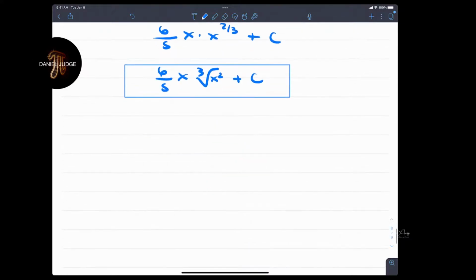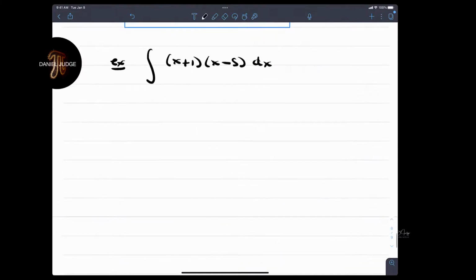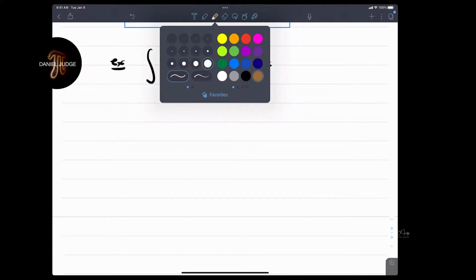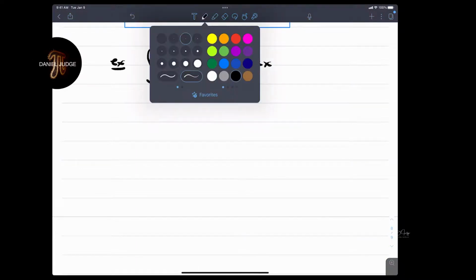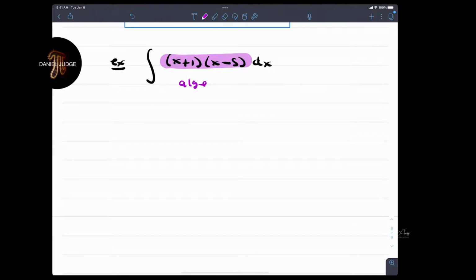All right. Now remember, there is no product rule. So you don't have a product rule. So you might say, well, if there's no product rule, then what am I supposed to do? Algebra. By the algebra, FOIL.